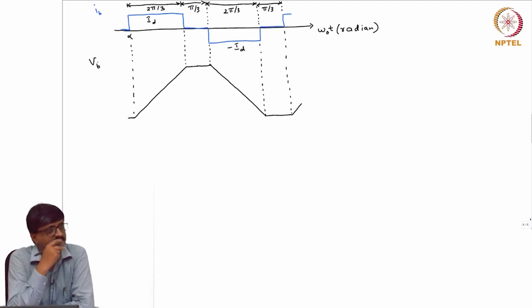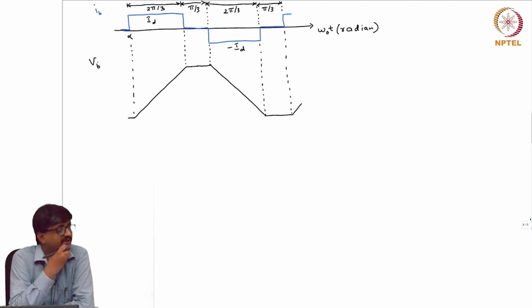Looks like it will be 0. Why should it be 0? I am asking you to just guess.